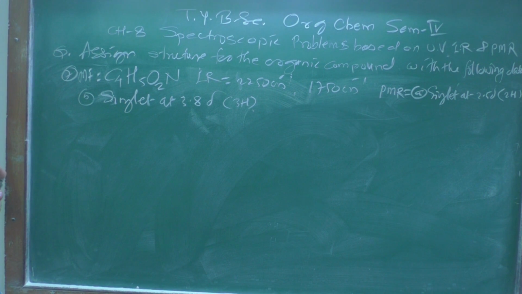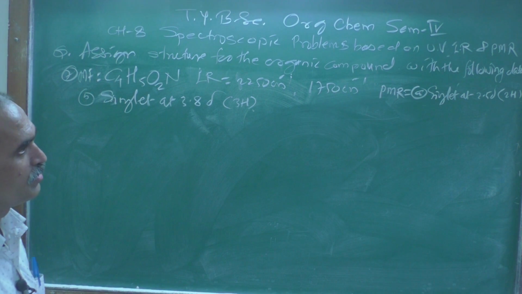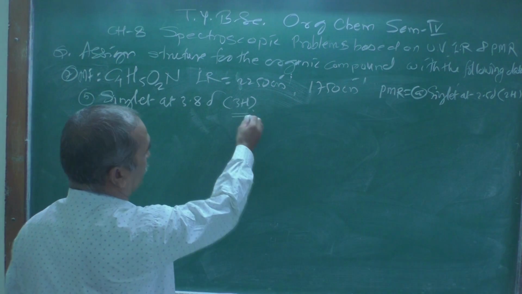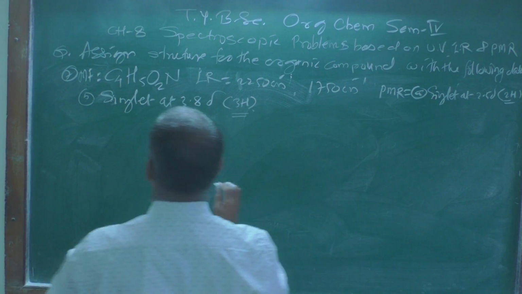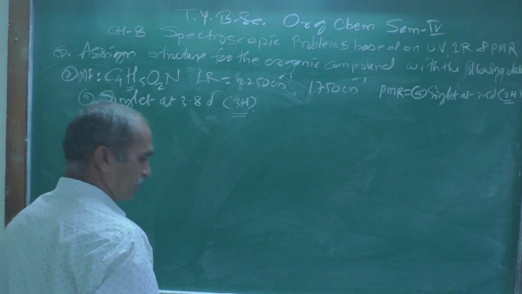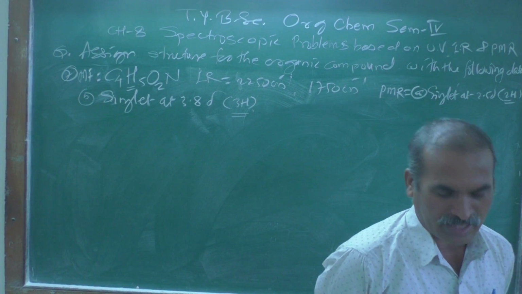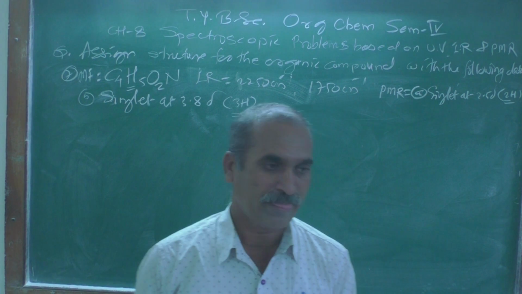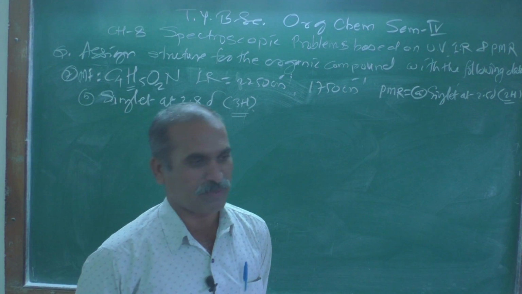In the PMR data, two signals are given, which means there are two sets of protons. Counting the protons, here 3 and here 2, so the total is 5. In the molecular formula the protons are also 5, so it is perfectly matching and there is no printing mistake in this problem.